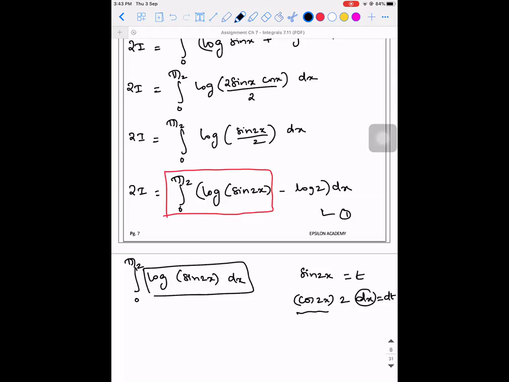Anything else that we can do? Isolate the functions. Okay, if you want to do that, this will be a logarithmic function, right?